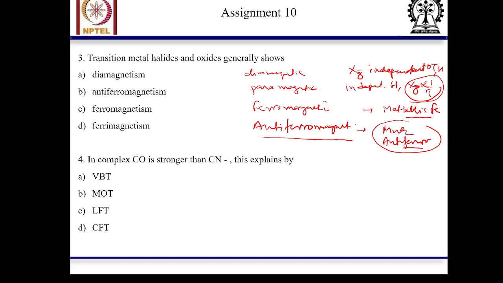Okay, so now the complex question: CO is stronger than CN minus. Which theory explains this? Valence bond theory, molecular orbital theory, ligand field theory, or crystal field theory. Crystal field theory.